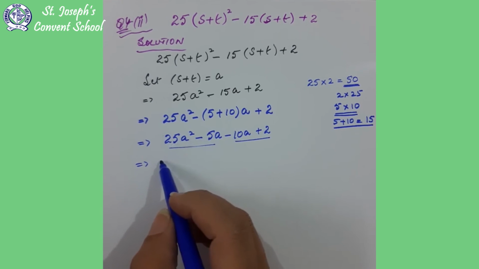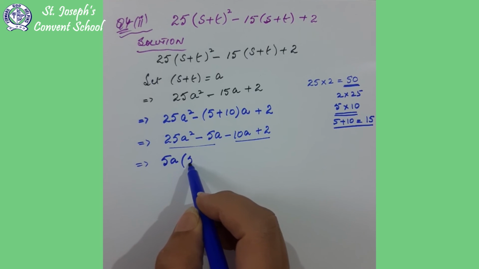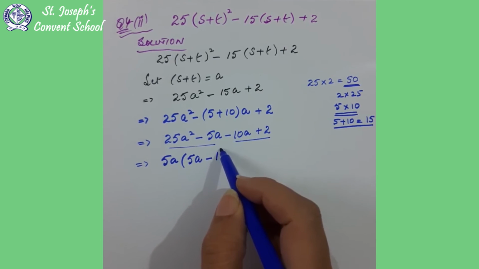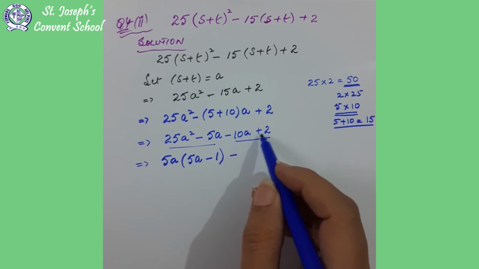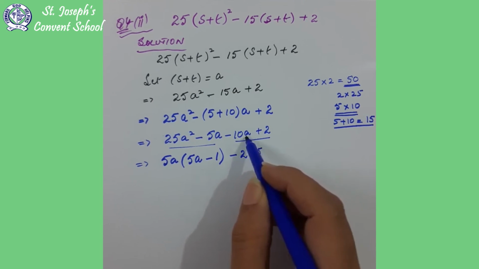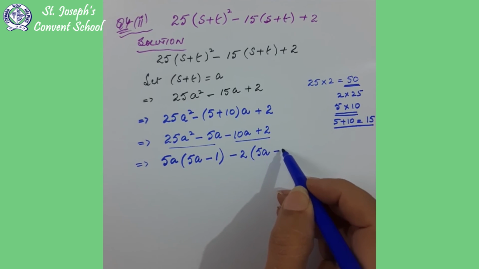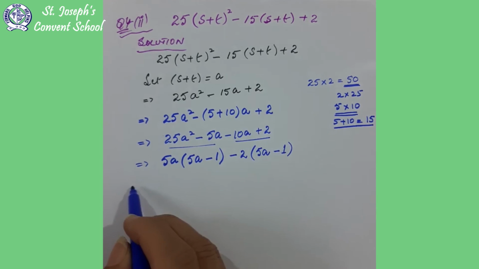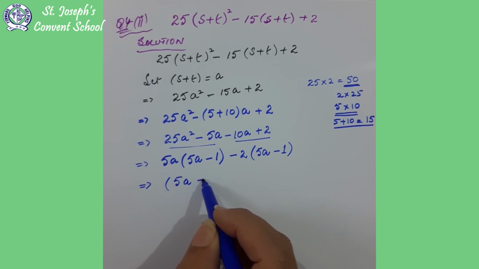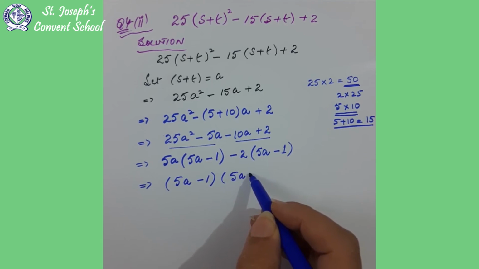Common here is 5a. 5 into 5 is 25 and 1a is remaining. Minus 5 into 1 is 5. Then minus from these two, 2 is common. 2 into 5 is 10 and a will come. Minus sign is outside, so this will change into minus. 2 ones are 2. Common brackets are (5a minus 1). Remaining terms (5a minus 2).